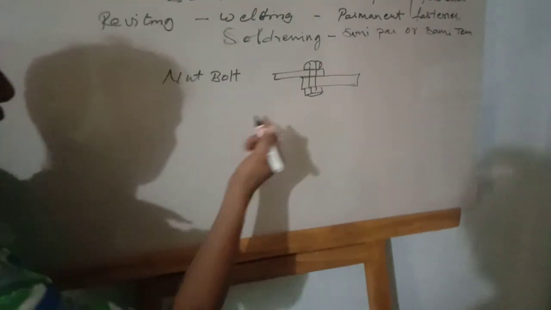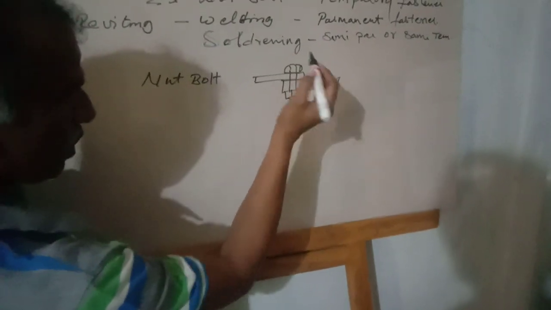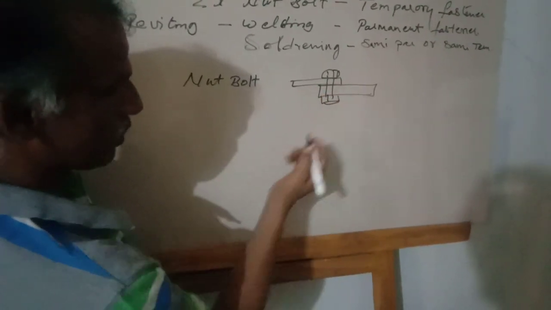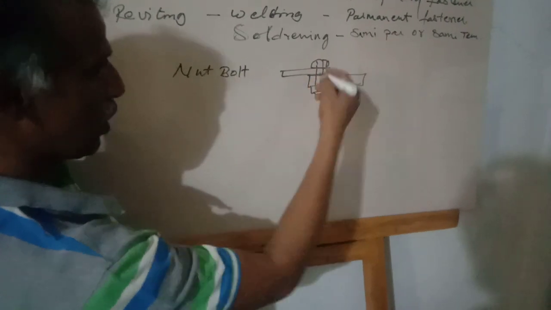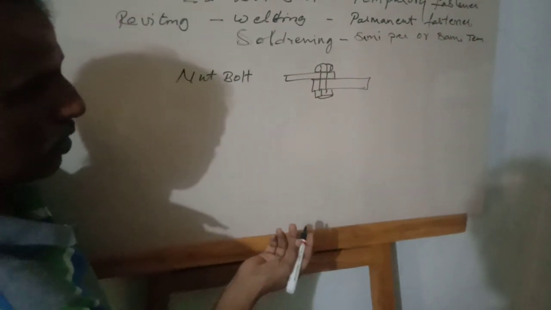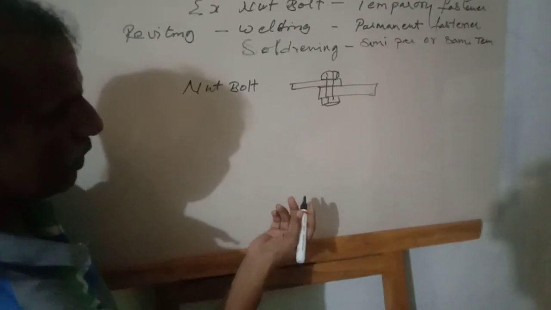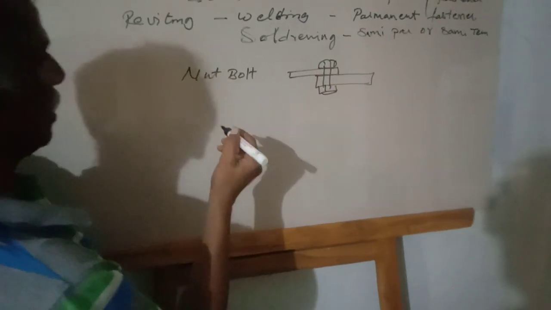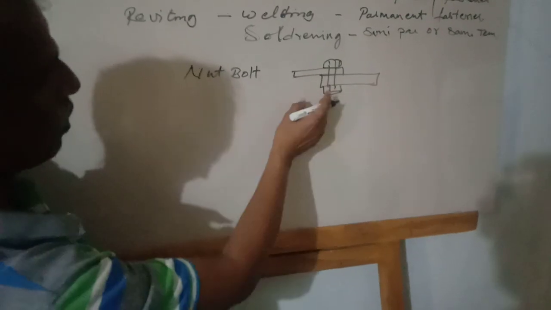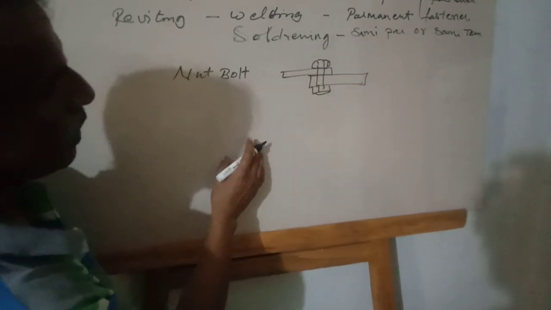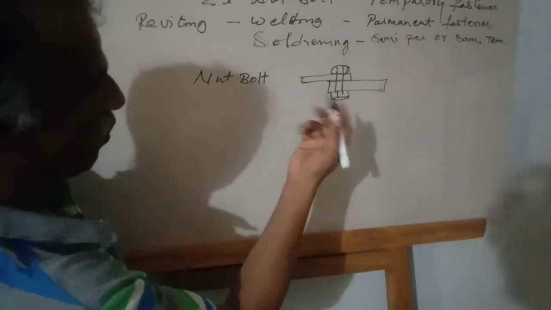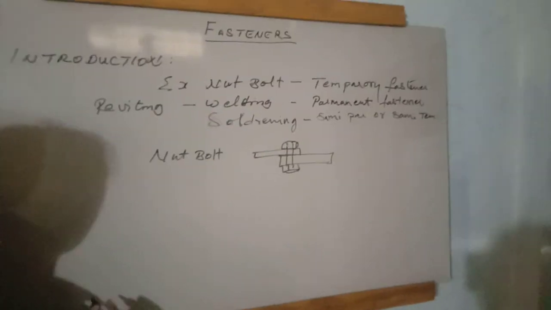And the nut and bolt is a parent metal which is used to join these two flaps. This nut and bolt can be used for other spare parts to fit, and this can be used for this also. That's why this nut and bolt system in fasteners is called a temporary fastener. Whenever you want, you can dismantle and join again.